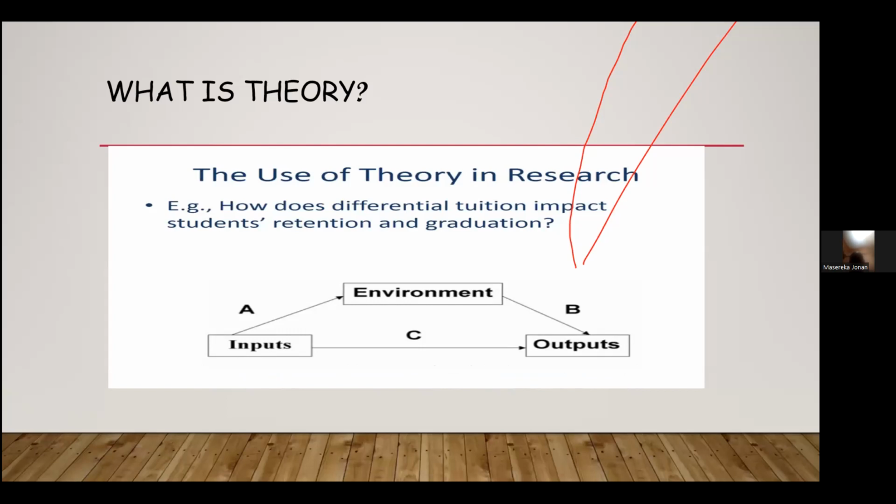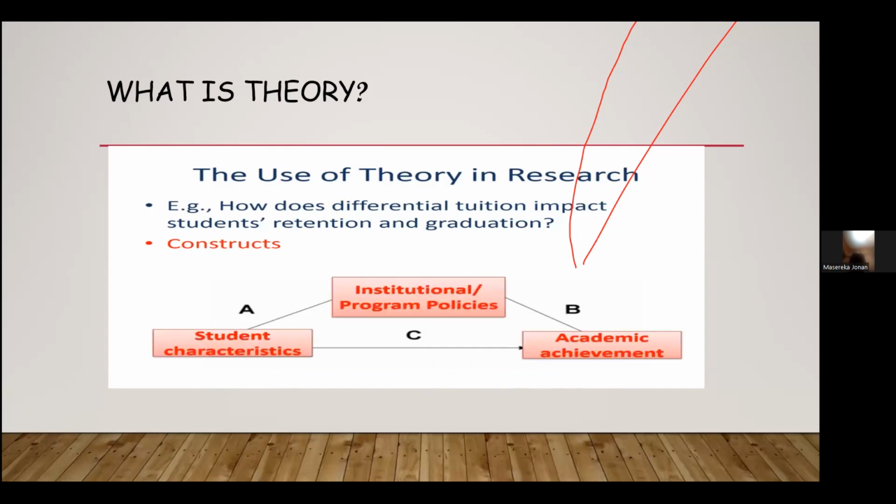Applying this theory to our research question, we can identify the constructs. In our study, the input factors are students' background characteristics, and the environment that we are interested in is institutional or program tuition policies. And the output we look at is academic achievement.